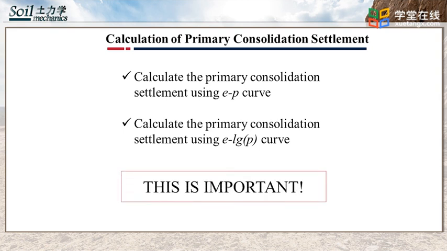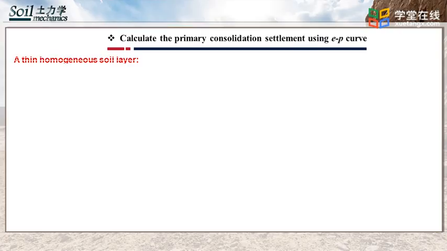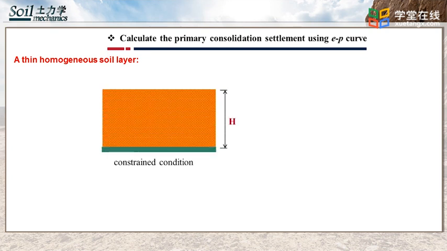About the calculation of primary consolidation settlement, this section is very important in soil mechanics. Firstly, let's talk about the calculation of primary consolidation settlement based on the e-p curve. A thin homogeneous saturated soil layer of thickness h is considered under a constrained condition.